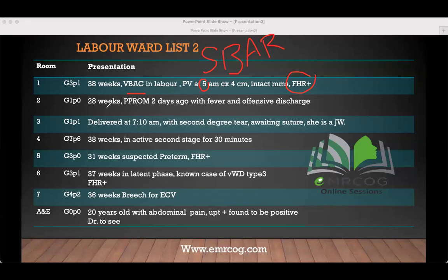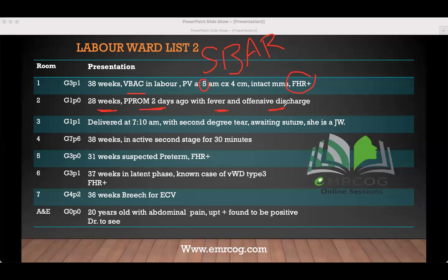So I have one case, she's preterm, and she had PPROM with fever and offensive discharge. So I will say what my diagnosis is. I will start by saying a case of chorioamnionitis, mostly due to the prolonged rupture of membranes.